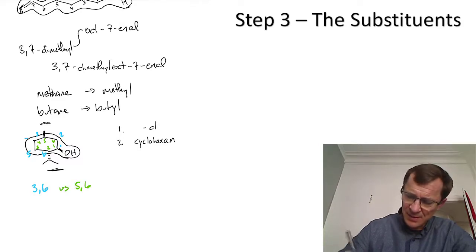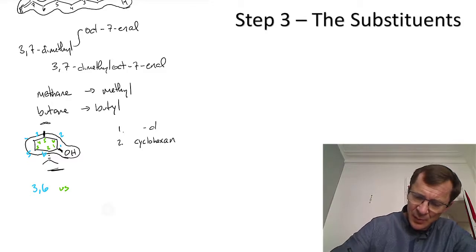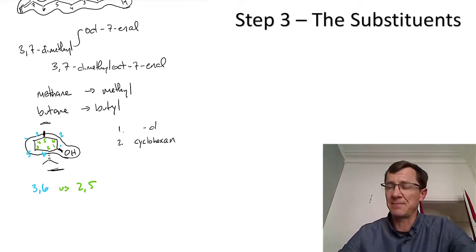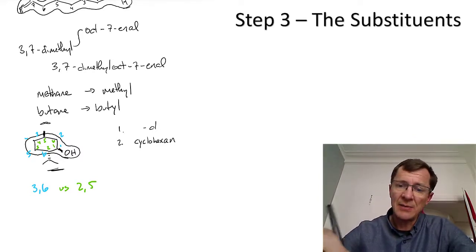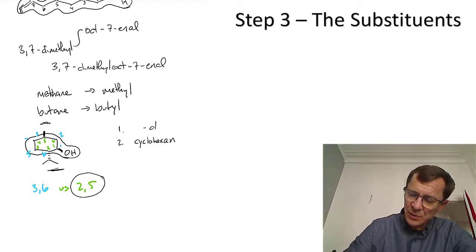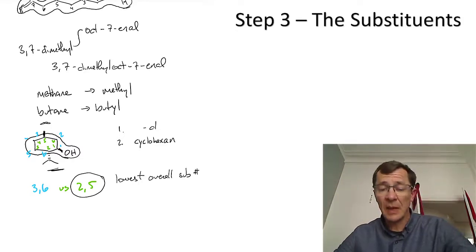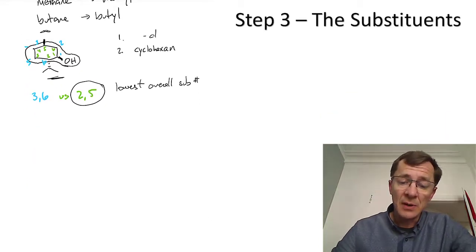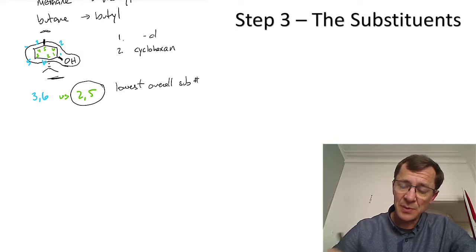Sorry. Hard to get out of the mode of that. 2, 5. 2, 5 is obviously lower than 3, 6, so the greens have it. So now we know that 2, 5 is the lowest overall. And that means that we have on carbon number 5 a methyl group.